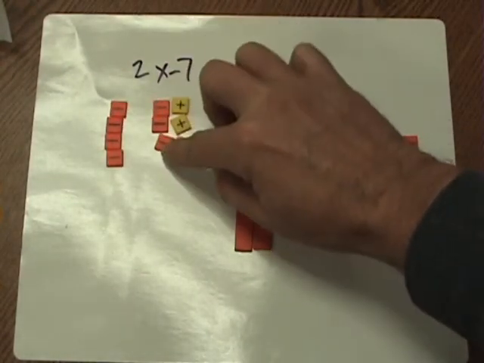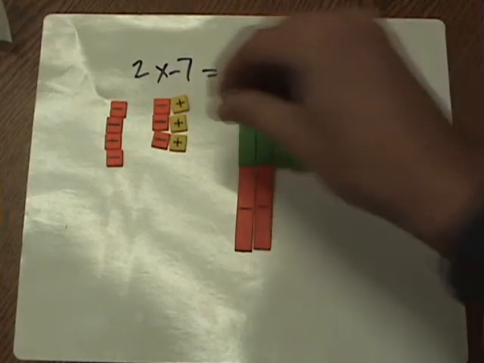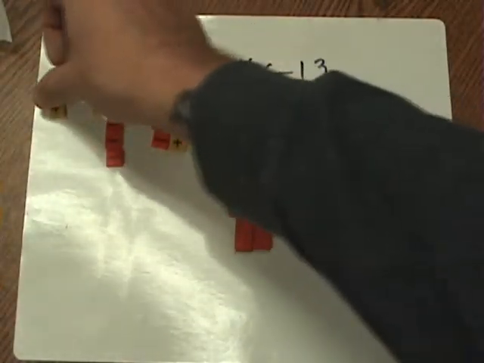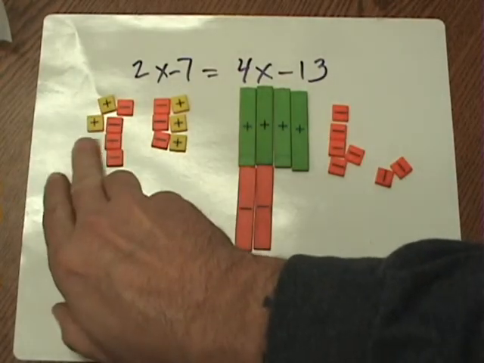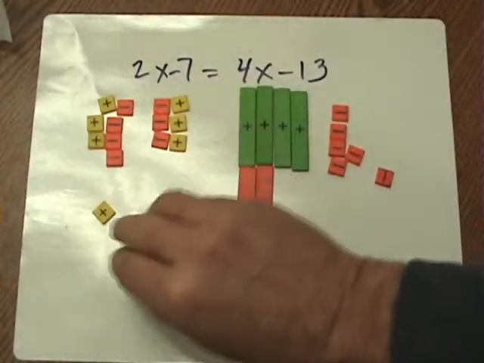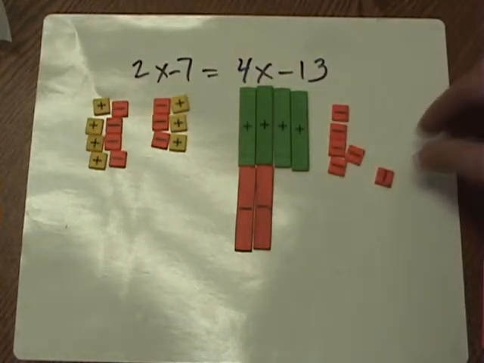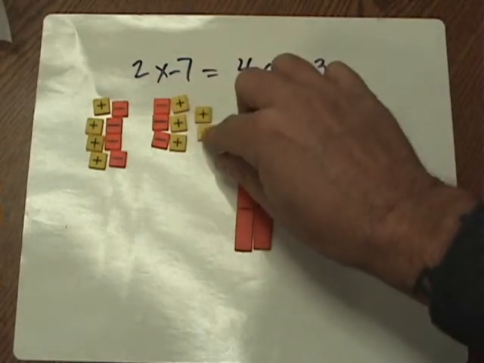So let's kind of separate some of these here, since some of these are going to be going to 0. Okay, so we can already see that we're going to have some left over.